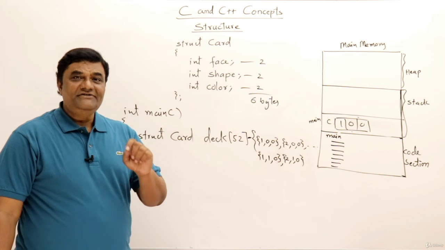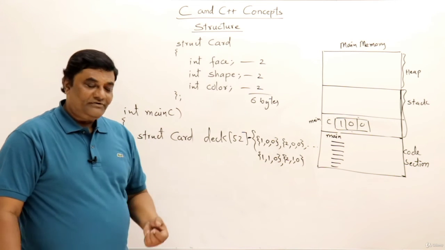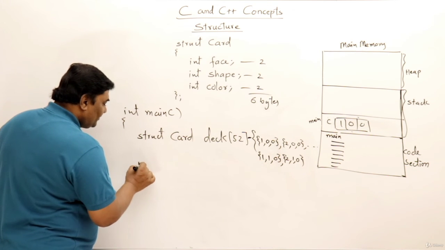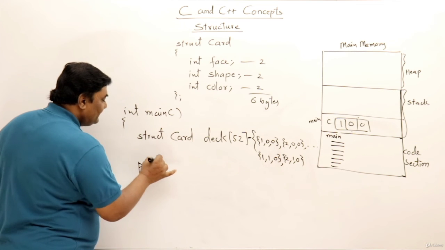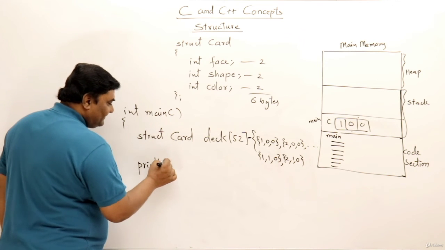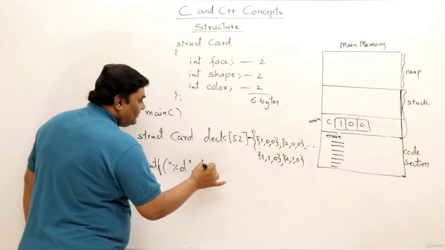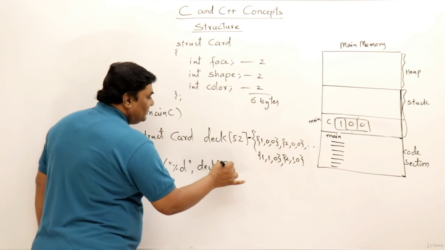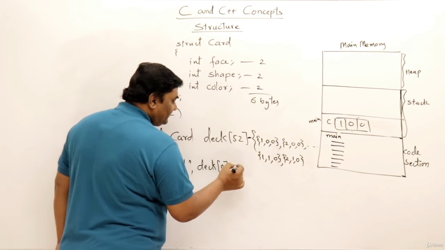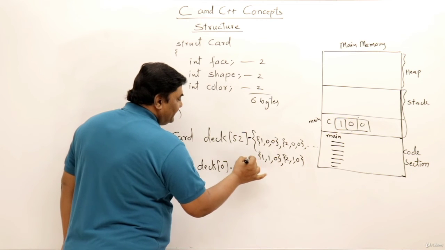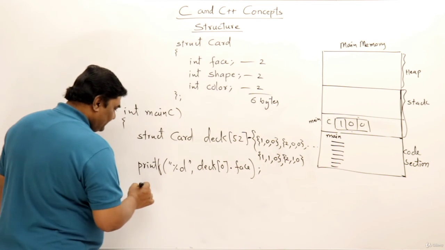If I want to access them individually, like if I want to display the first card, then I can use the dot operator. Let us print just the face value of the first card. printf %d deck of 0, that is this card, dot face. So it will show the face of this first card.